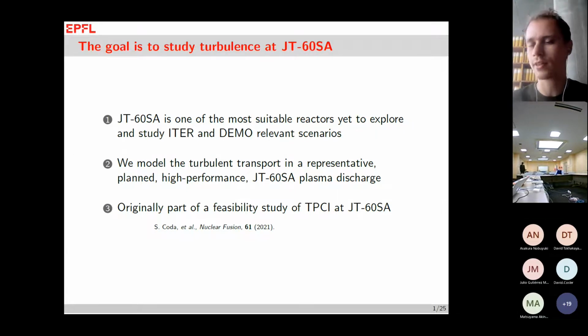We don't have experiments to work from yet, so we use predictive input parameters in our simulations and look at what the turbulence will look like. Originally, this project started as part of a feasibility study for a turbulence diagnostic planned for JT6TSA, the tangential phase contrast imaging diagnostic, which will measure electron density fluctuations.